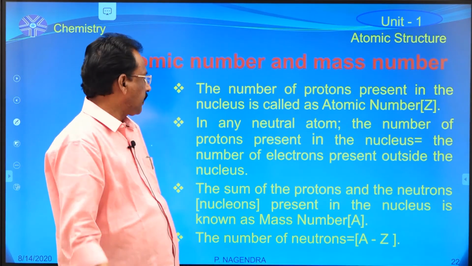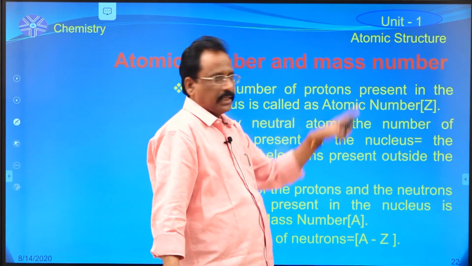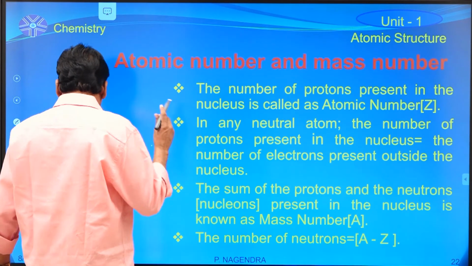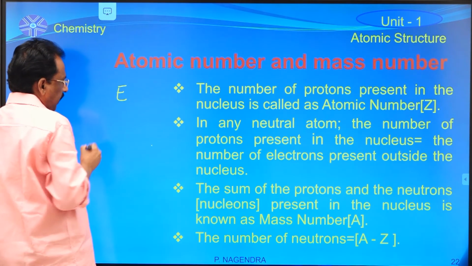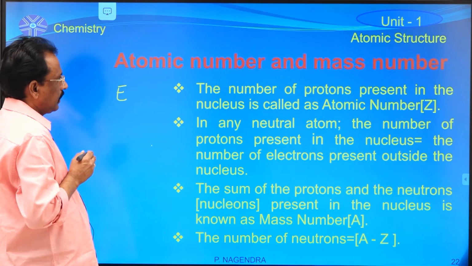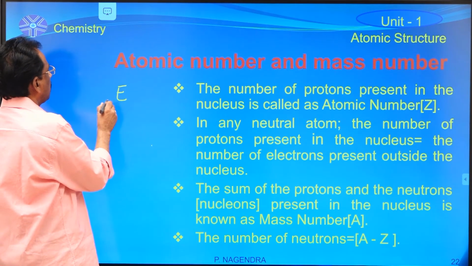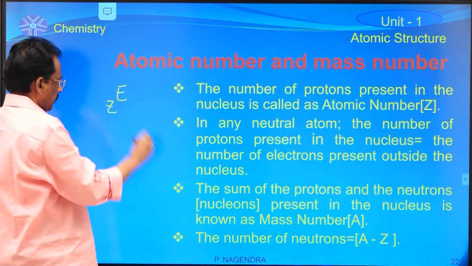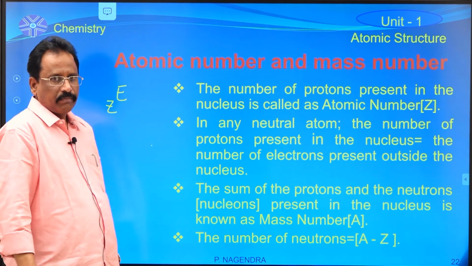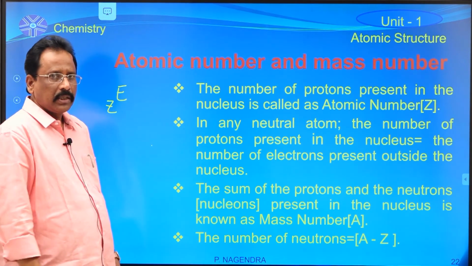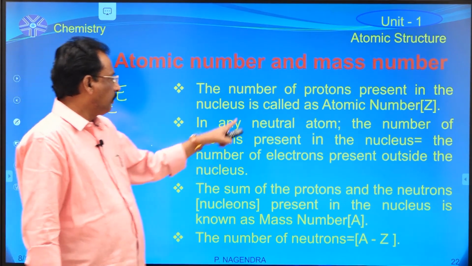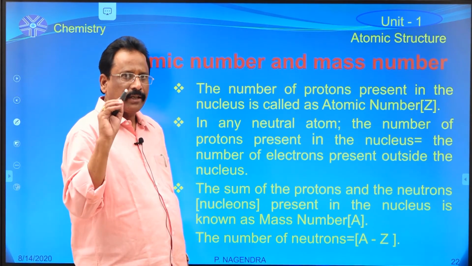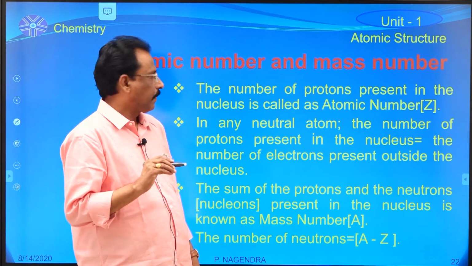It is represented by capital Z. If this is the symbol of an element E, the atomic number is represented like this, in the left-hand side, as a subscript. It was determined by Moseley.